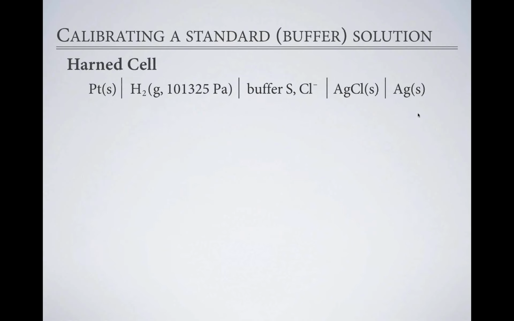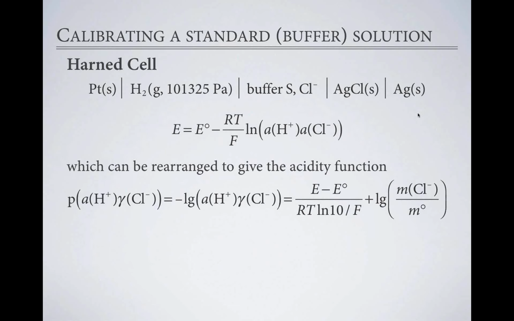The activity in the standard solution is one that a lot of people put a lot of effort into, probably from about the 1930s through until the early 1970s. The set of buffers that you can buy at the moment, the phosphate buffers, the borax buffers, the phthalate buffers, were all calibrated using a particular cell referred to as a Harned cell. It's a very useful cell because it measures the properties of HCl in a way that has no liquid junction, and the EMF is just dependent upon the activity of hydrogen ion and the activity of chloride ion.